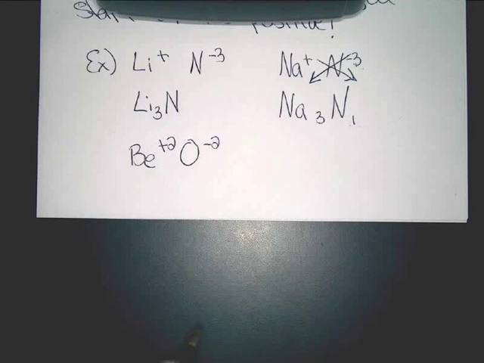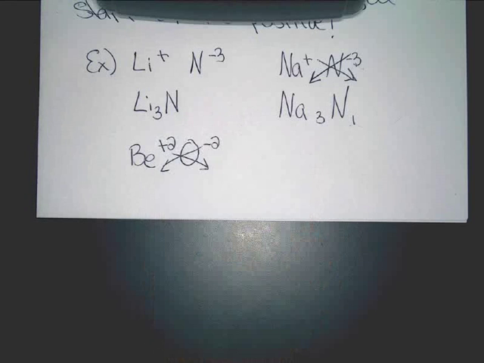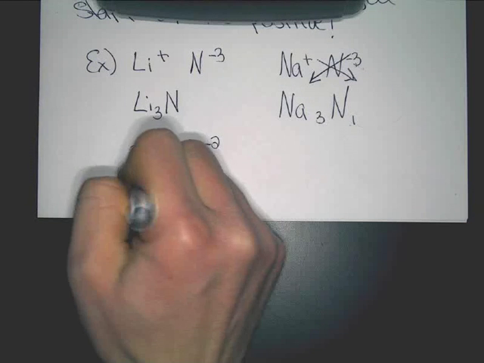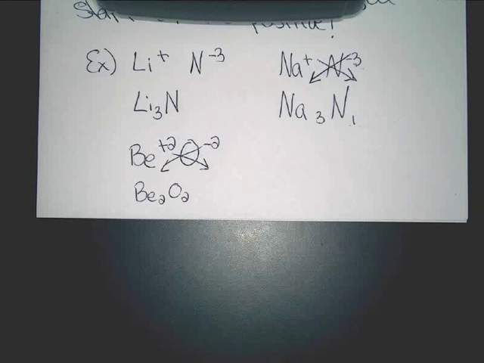So if we use the crisscross applesauce, what would that be? Be2O2. What can we do to fix this? Nothing. We crisscross applesauce and then we reduce. Okay? So that's the only further step.